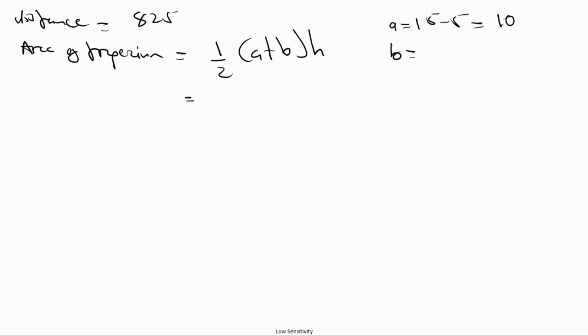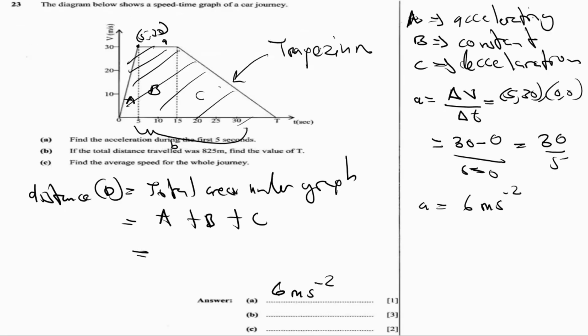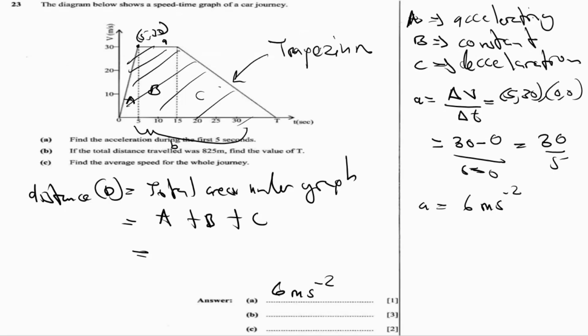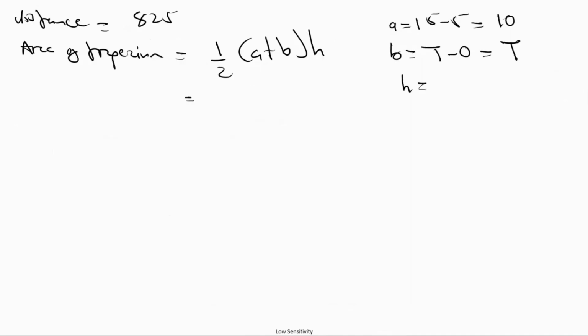B is going to be T minus 0, which is equal to T. And our height H here is going to be from 0 to 30, so 30 minus 0, which is equal to 30.